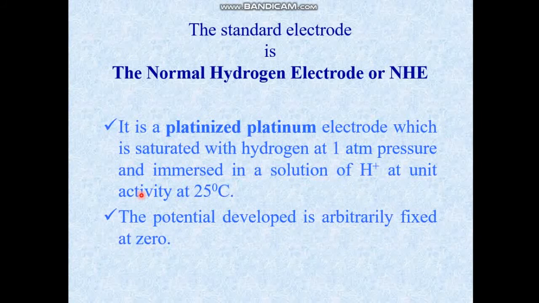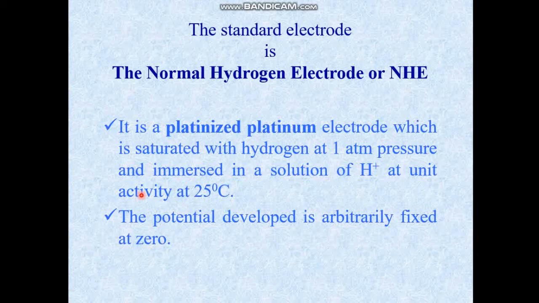The next terminology which we are going to discuss here is the NHE, or the normal hydrogen electrode. The normal hydrogen electrode is an electrode made up of platinized platinum.